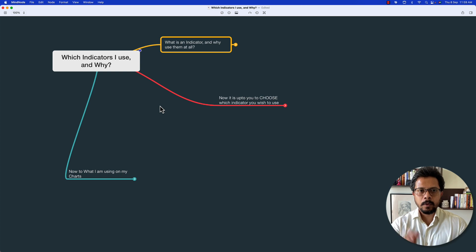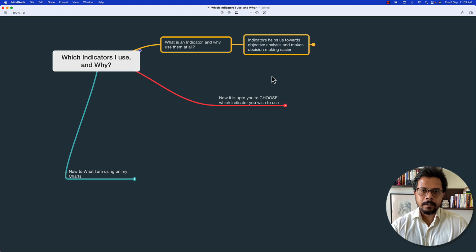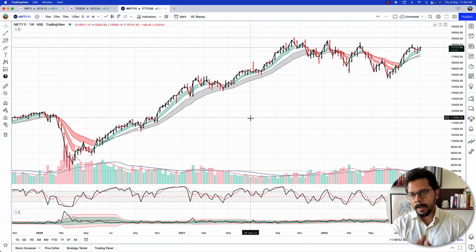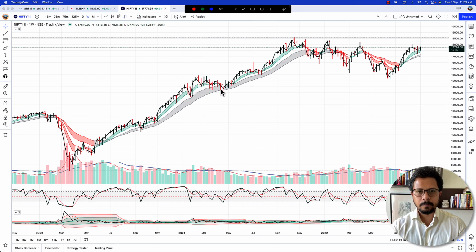The first is the yellow one, which is what is an indicator and why use them at all. So indicators help us towards objective analysis and make decision making easier. Let's try and understand. When we take a look at a chart, we are trying to analyze the chart. And let's say you find some kind of a pattern, let's say left shoulder, head, right shoulder.